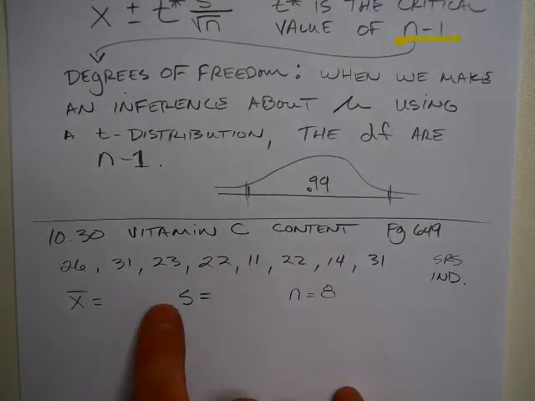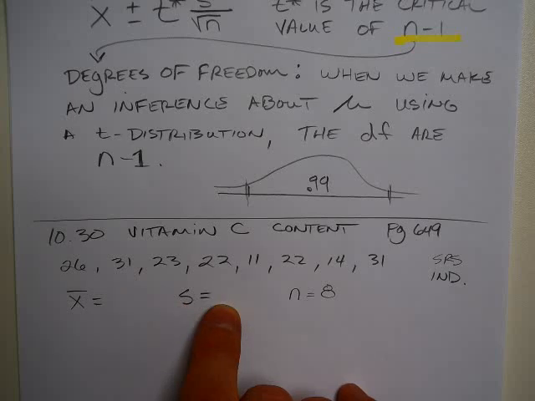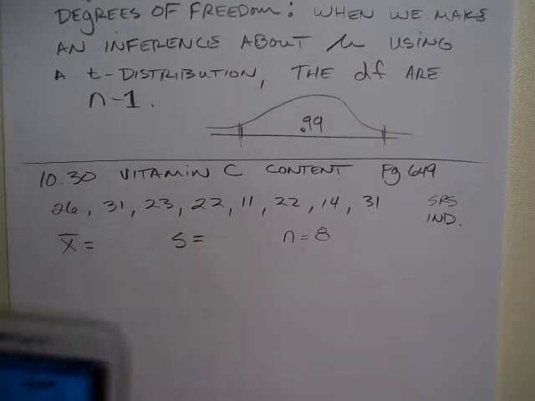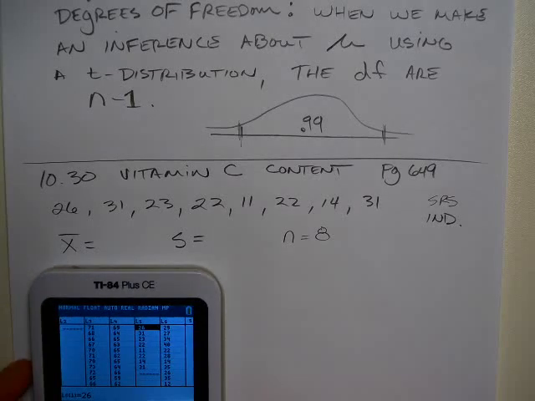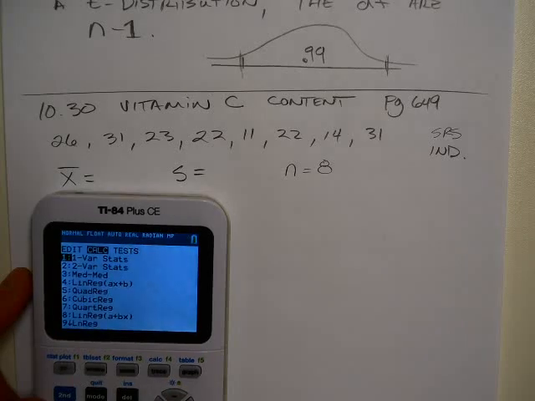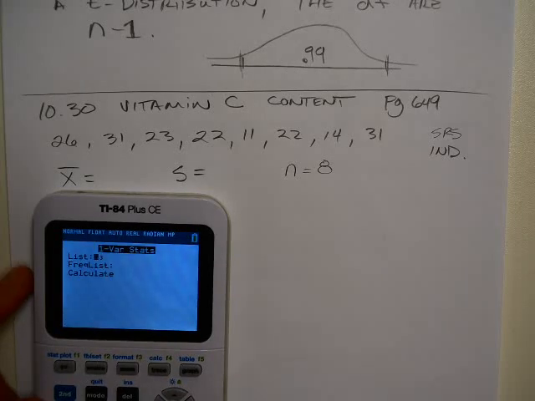So how do I get these out of the calculator? 1-Var Stats, that'll do it. So I'm going to go to STAT, CALC, 1-Var Stats. Now my list is in L5. Yours probably isn't in L5, but wherever your list is. The frequency of the list, we never mess with that.